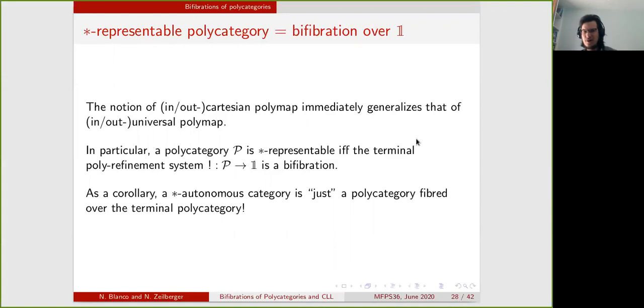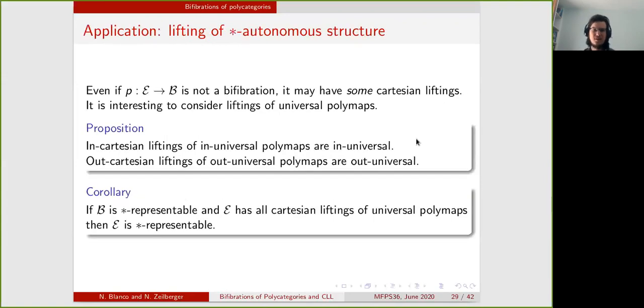And as a corollary, we get that star-autonomous categories are just represented by polycategories fibered over the terminal polycategory. We can use this to lift the star-autonomous structure. So as I said, if you take the Cartesian lifting of a universal polymap, you get a universal polymap. So Cartesianness is a way to lift universality.